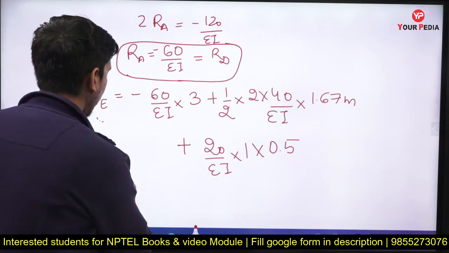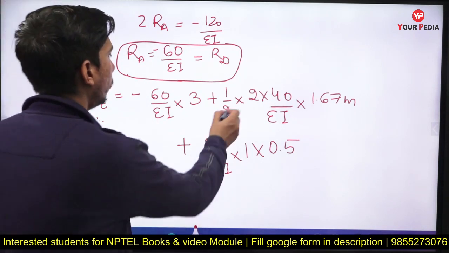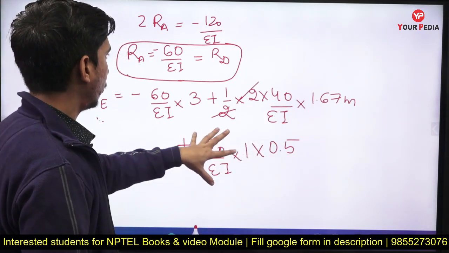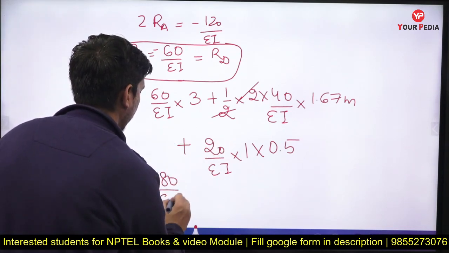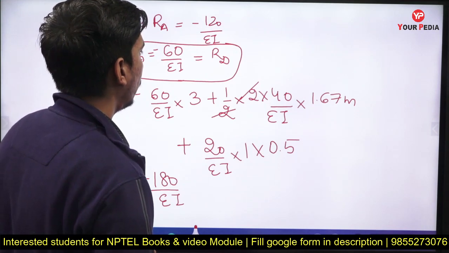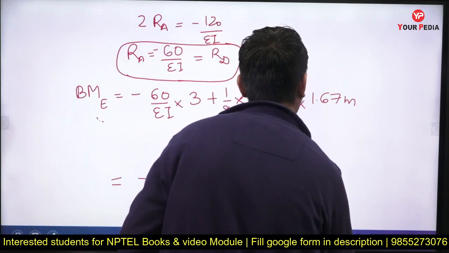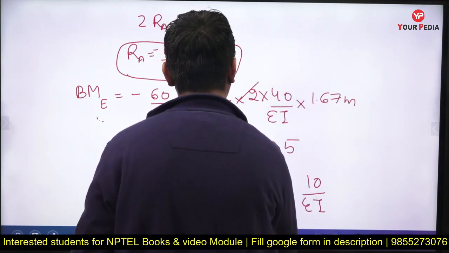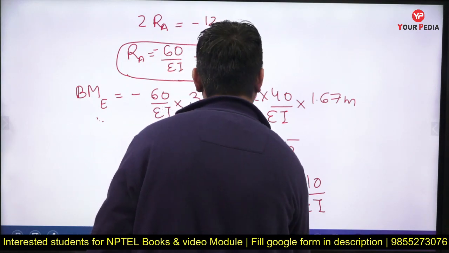So I can solve this and find the value. This will become minus 180 upon EI, plus 10 upon EI, and this will become 40 into 1.67, which is 67 point something upon EI.